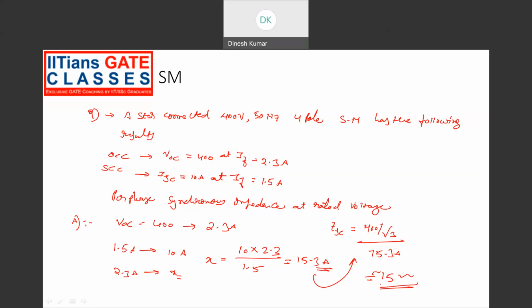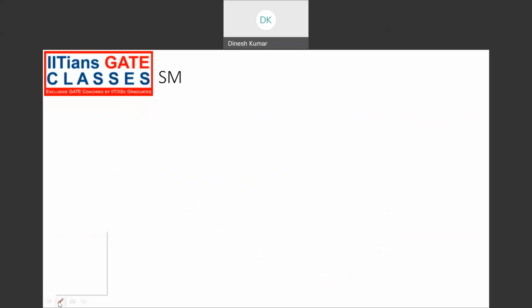Go to the next method, that is the ZPF method. In the ZPF method, the drop due to armature reaction as well as the drop due to armature leakage reactance, that is XA and XL, are considered separately.